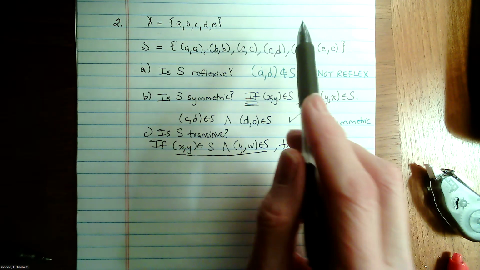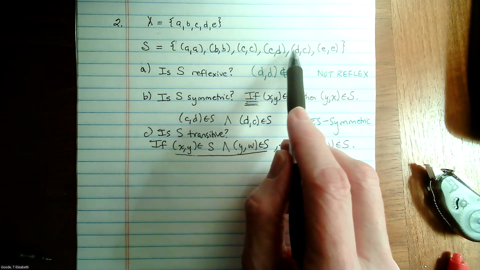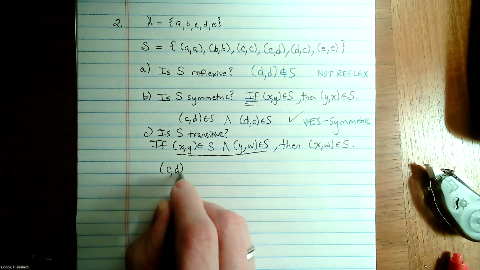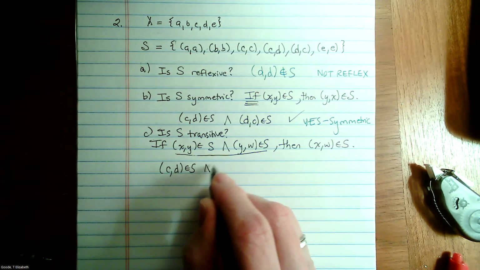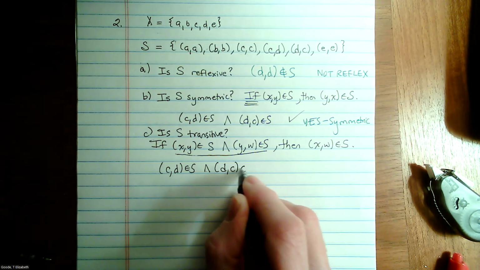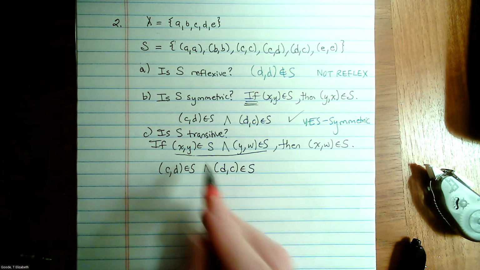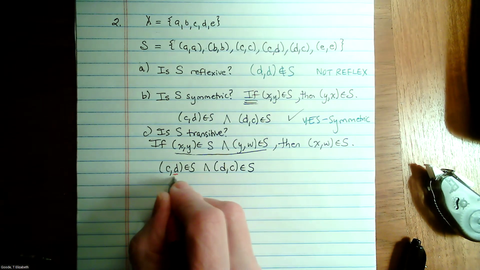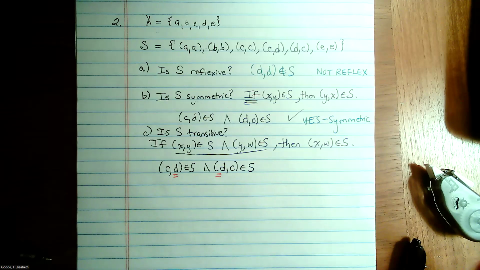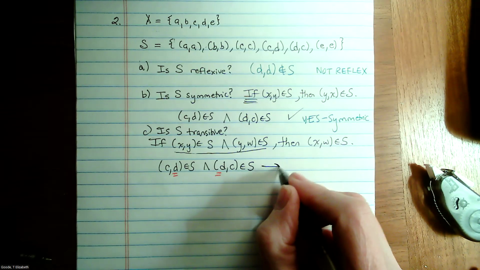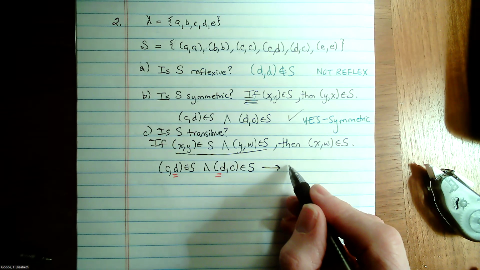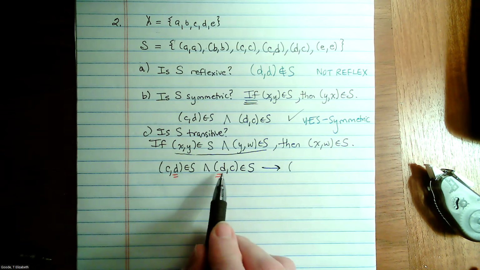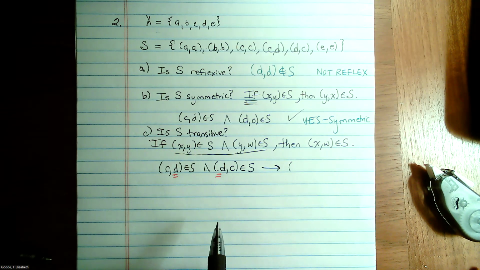You use ordered pairs that have different first and second coordinates, like CD is in S and DC is in S, right? So that's the hypothesis of transitivity satisfied. So we're crossing over on the D. What do we need to have in S? Since we have CD and we have DC, what is the ordered pair we're looking for?